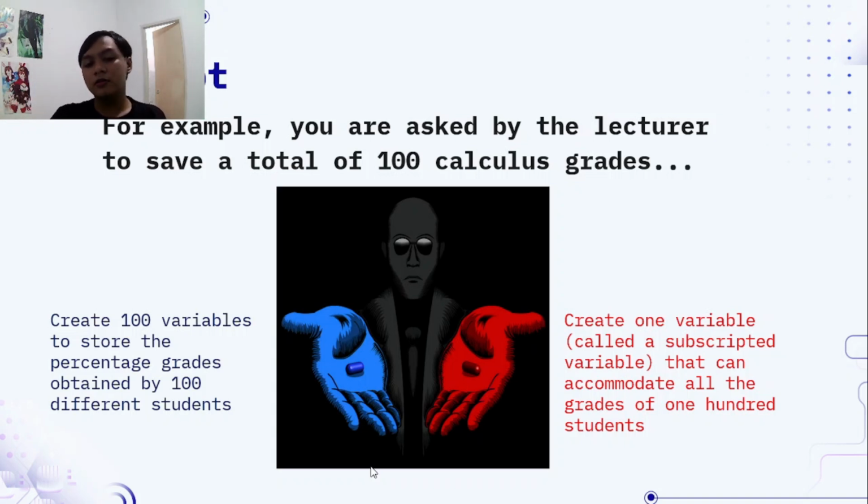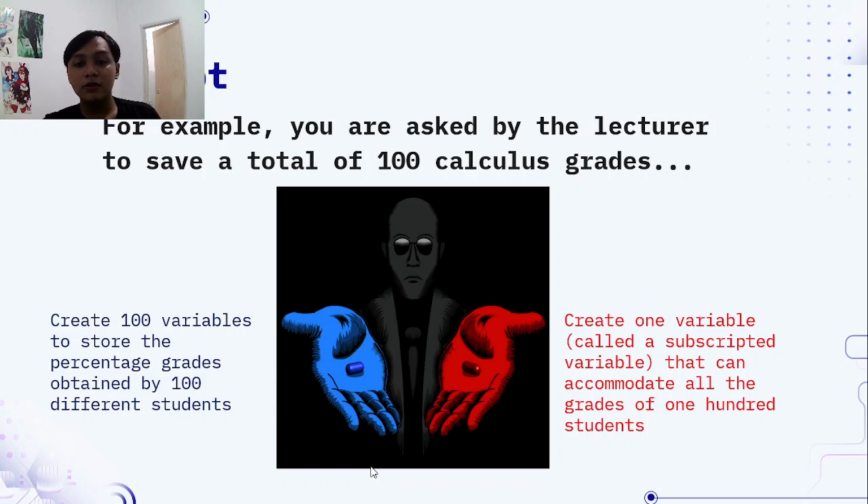Or you could just create one variable, which we call a subscript variable, that can accommodate all the grades of 100 students, which is much easier and much more efficient. And that is why the concept of array and pointer is very important.